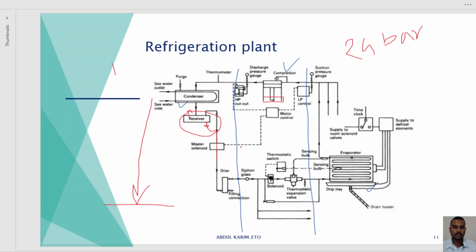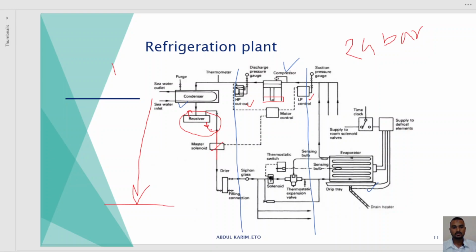Let's try to understand why the master solenoid valve is used in that system. Actually, the master solenoid valve gets a signal from the motor control. If there is any cutout, either a low pressure cutout or a high pressure cutout, at that time the motor controller will pass a signal to the master solenoid valve to block the system.